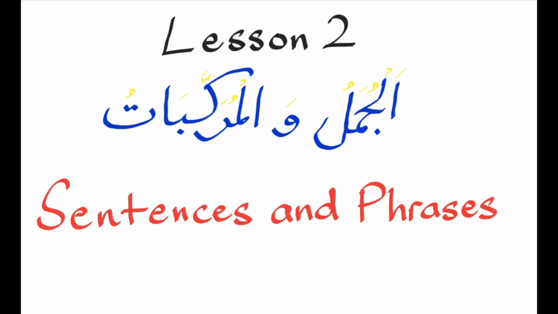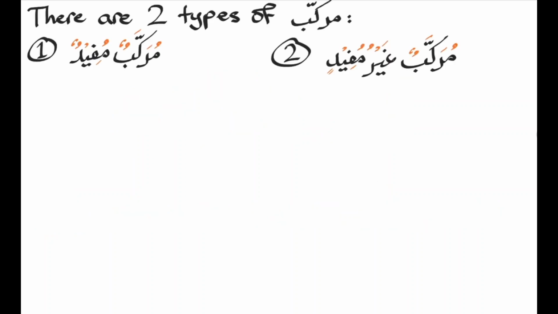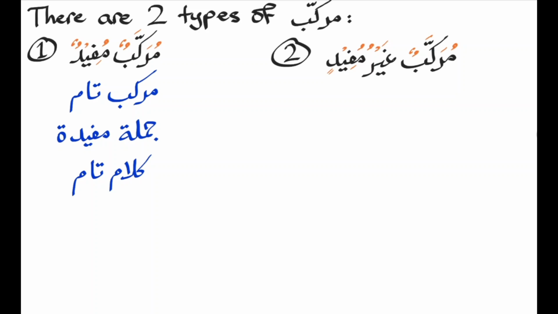Now to begin with, there are two types of murakkabs. Murakkab mufid and murakkab ghayr mufid. Murakkabun mufidun is also known as murakkabun tammun, jumlatun mufidatun, and kalamun tammun. And most of the time it's just called kalamun.